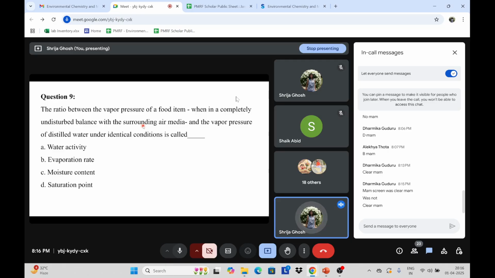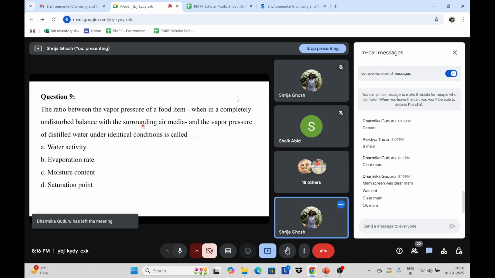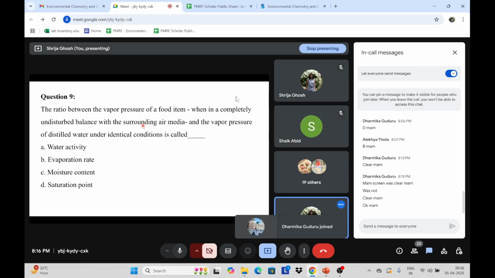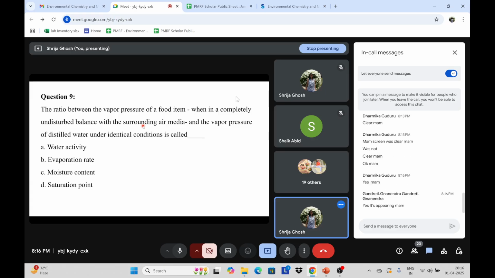You can maybe disconnect and rejoin the call. Others can see my screen, right? Can anyone else confirm if you can see my screen or not? Is it clear now, Dharmika?